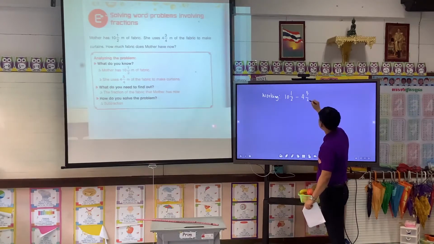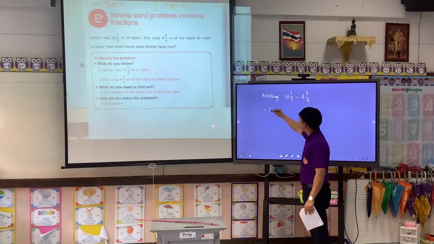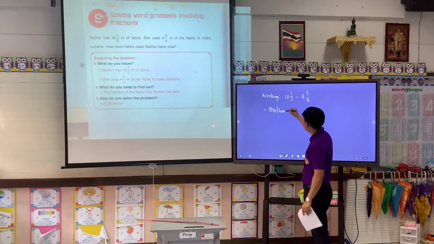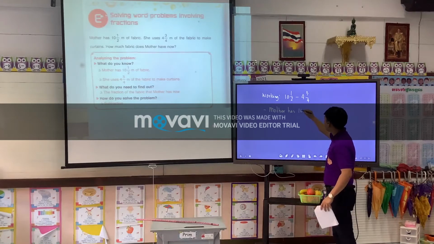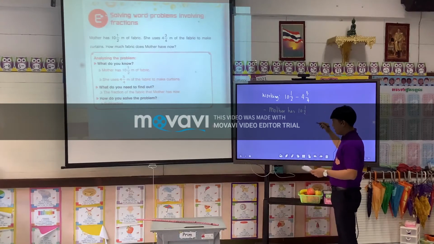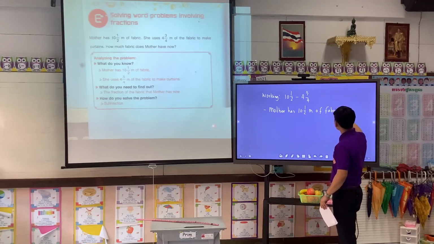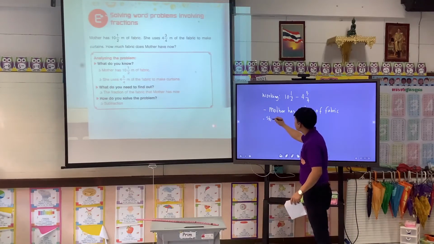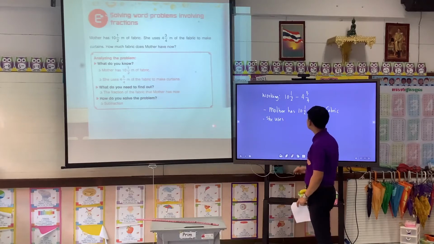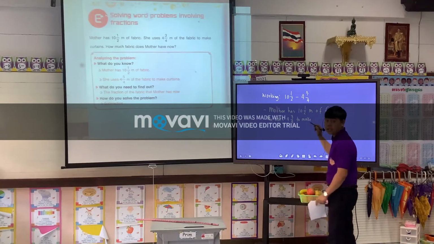Mother has 10 and 1/2 meters of fabric. Next, she uses 4 and 3/4 to make curtains.